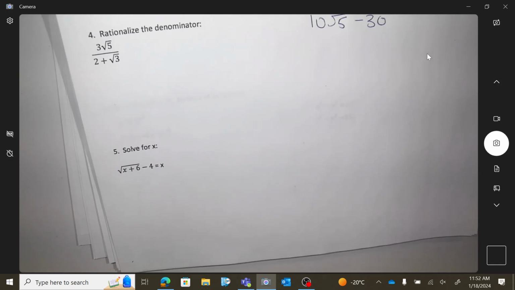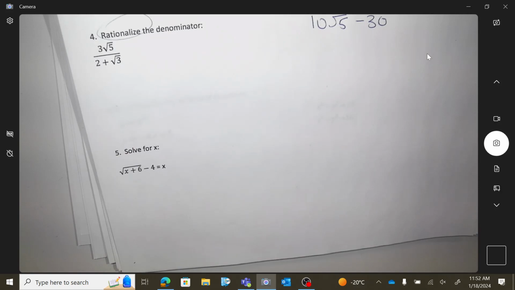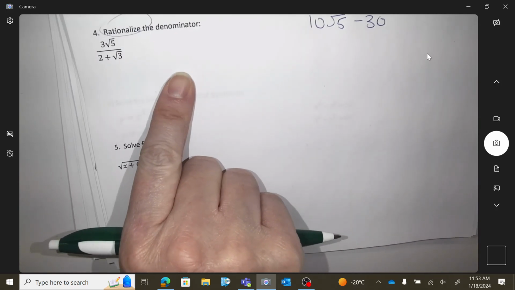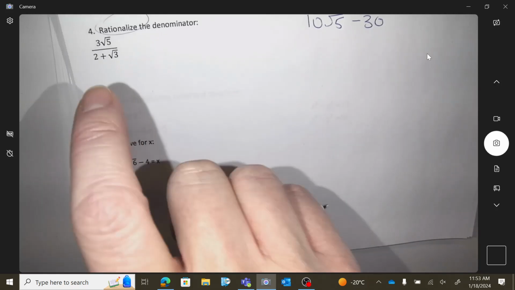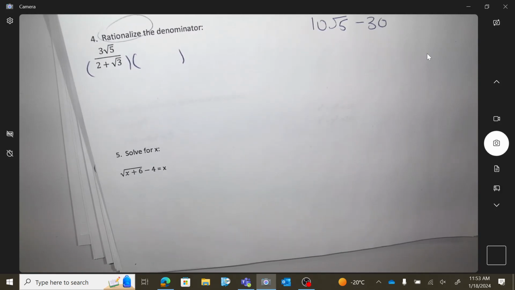Rationalize the denominator. What does that mean? It means that your final answer is not allowed to have a radical in the bottom at all. Okay, so how do I get rid of them? If there's a singlet on the bottom, I would times by a singlet. But this is a binomial. So there was a special multiplier to help get that out.